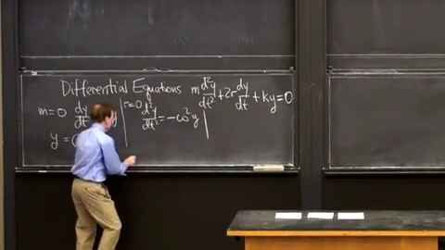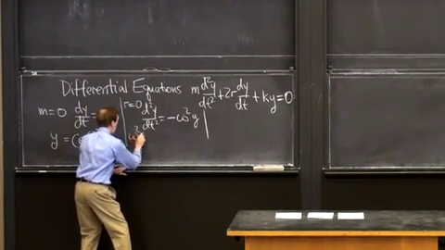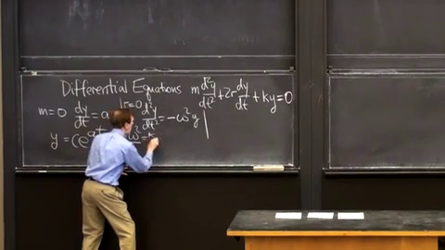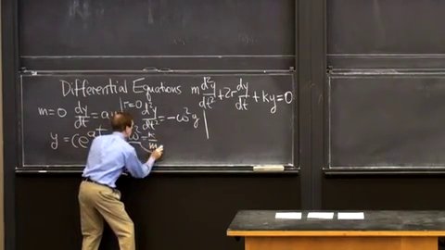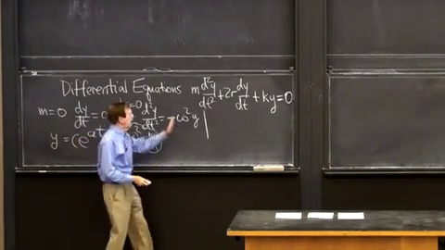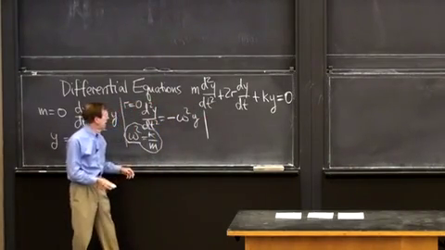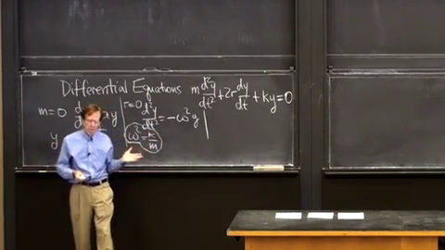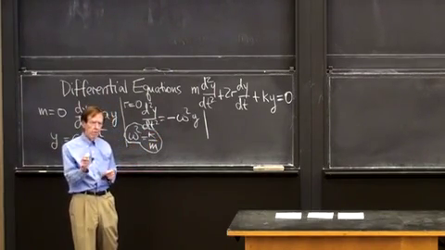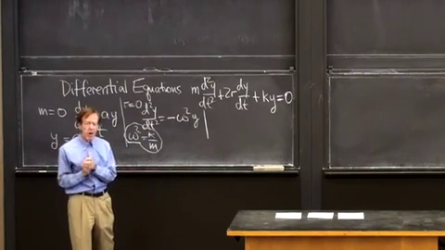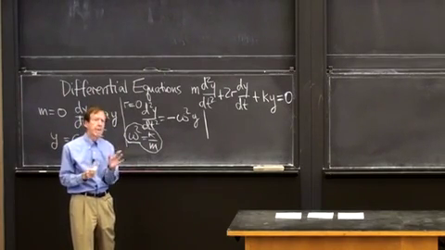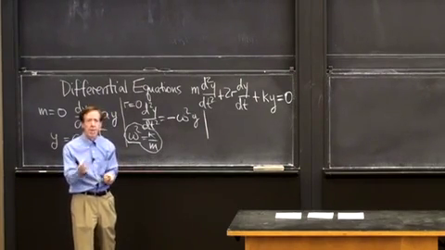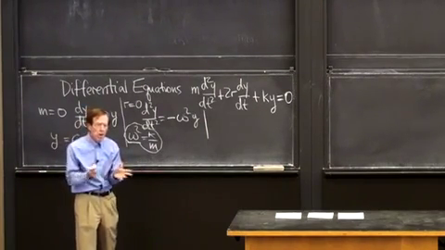So this omega squared will be k over m when I reorganize that equation. My point is, we can solve this equation. The second derivative equaling minus the function. We've met that. That's the equation that the sine and the cosine both solve.